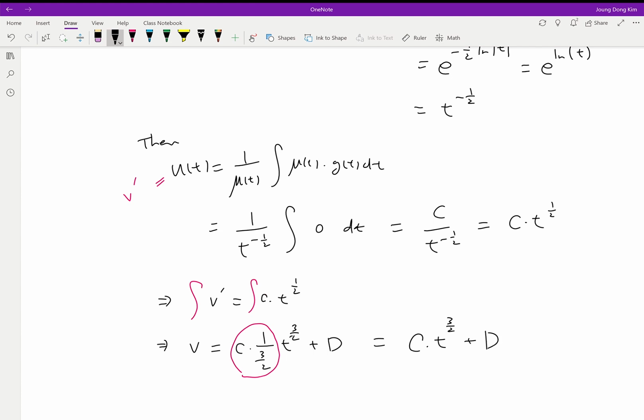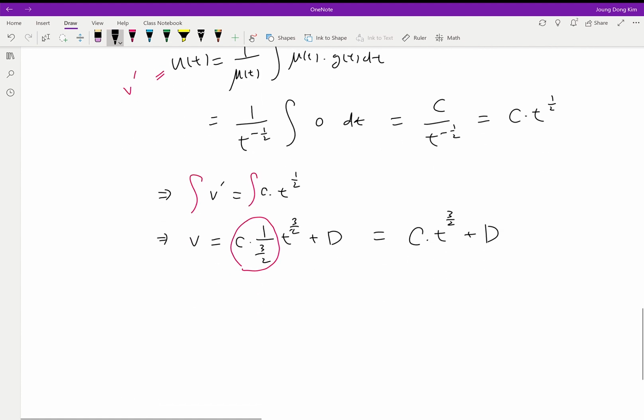And almost there. Now we can find y2, right? Here we go. It is equal to v times y1. So it is c times t to the 3 half plus d, times t to the minus 1, not y to the minus 1, but t to the minus 1. That's what I'm saying.